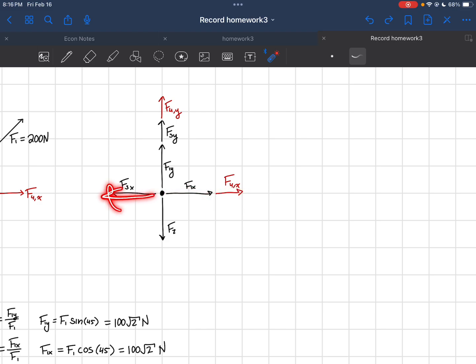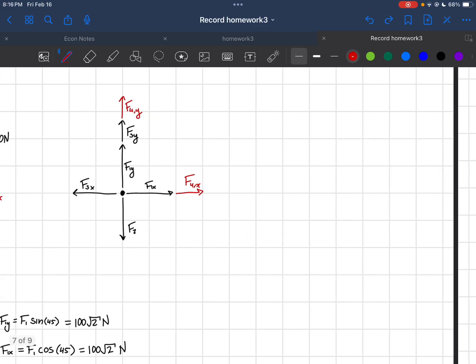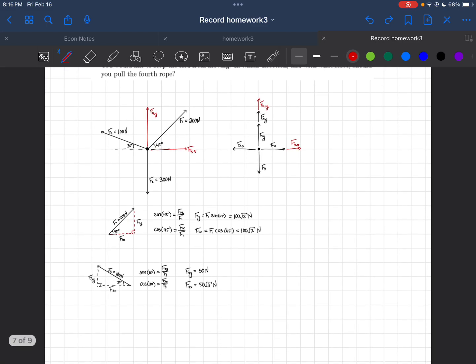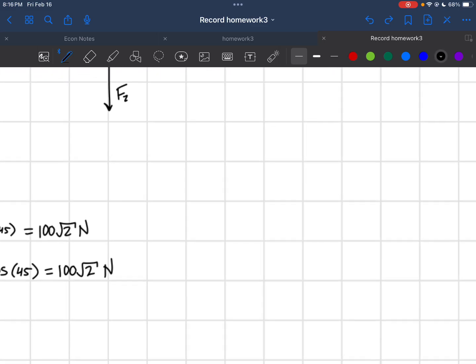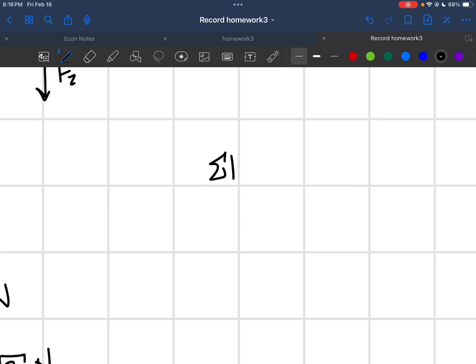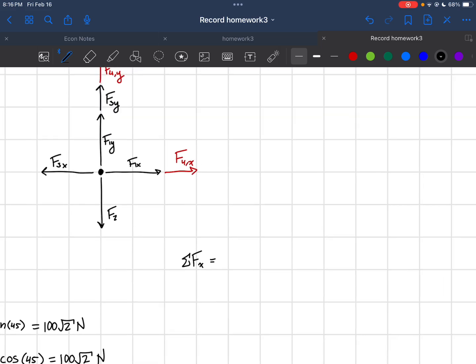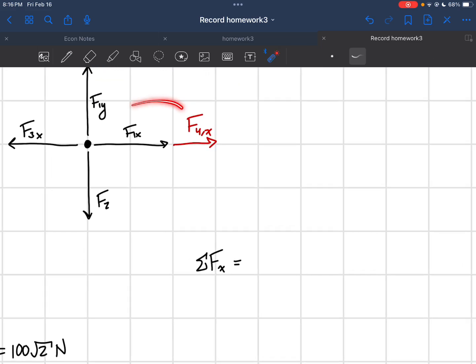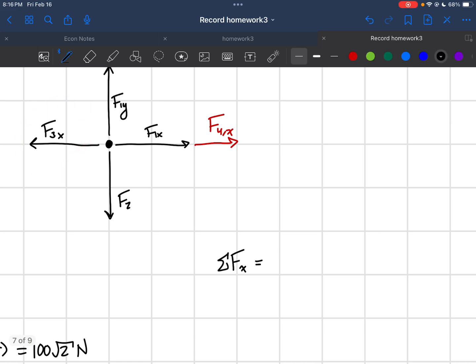This one's going negative. These three are going positive. That's just how I like to do that. But now what I'm going to do is set up Newton's second law. I'm going to set up my sum of my forces in the x direction. And the forces I have acting in the x direction, well, I have F1x and F4x acting positive and F3x acting negative.